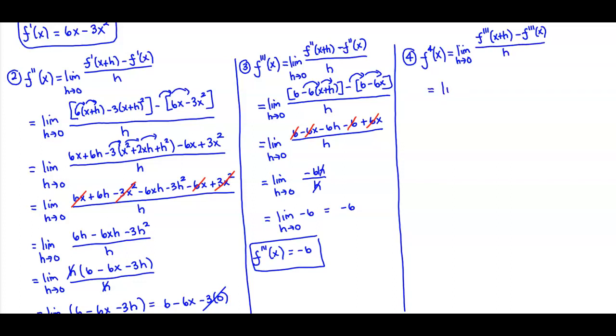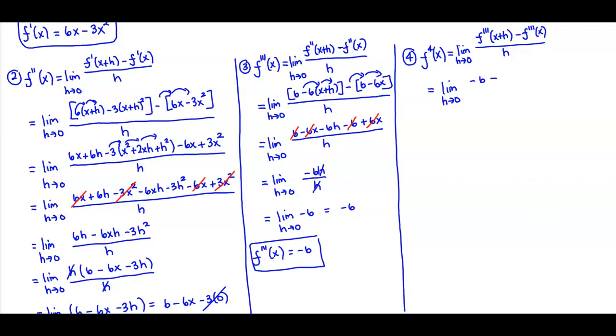Well, the input of x plus h, it's a constant, so we know it's just going to be negative 6.